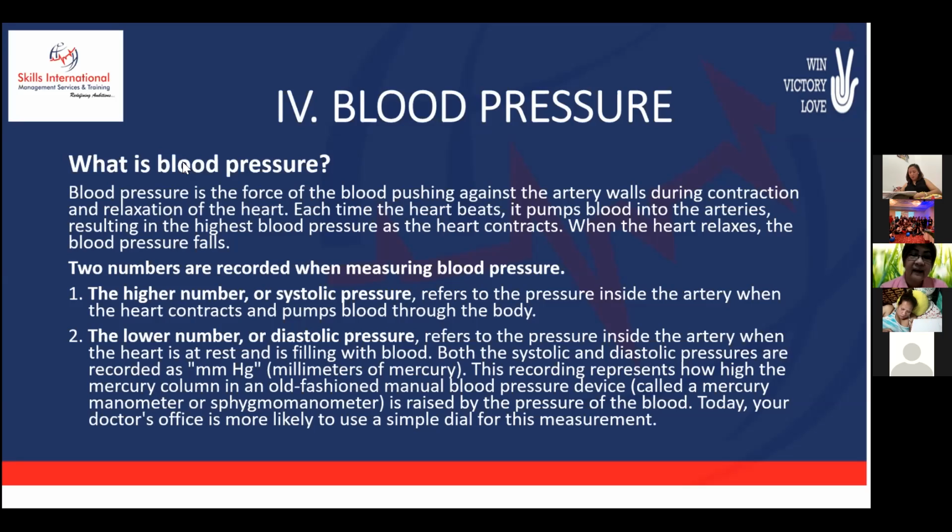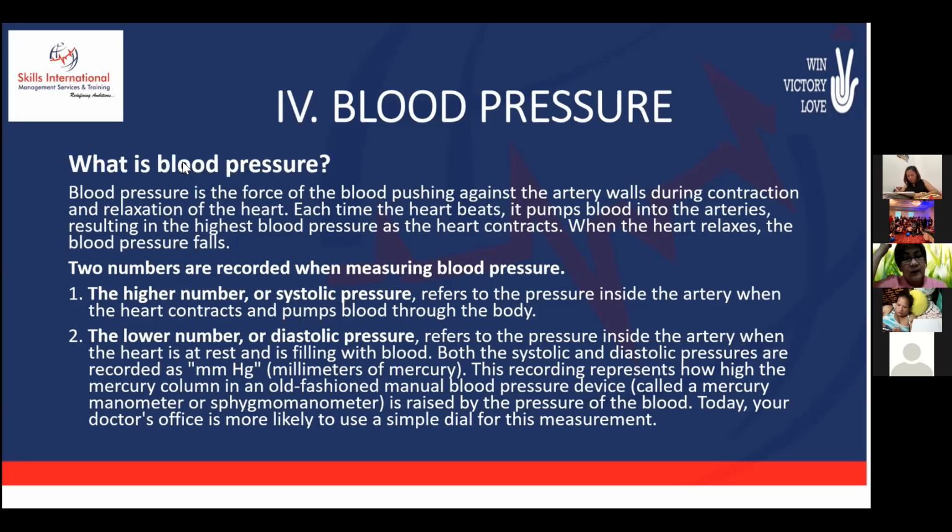So the second number is the lower number, which is called the diastolic pressure. So we have the two numbers here, the higher and the lower number. Yung lower number, called the diastolic number, refers to the pressure inside the artery when the heart is at rest and is filling with blood.